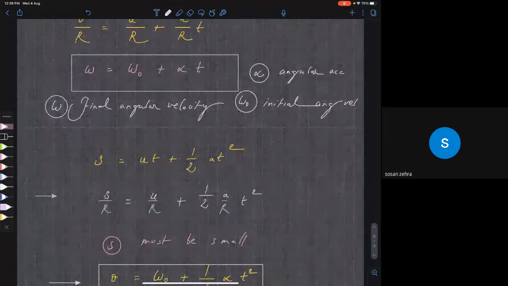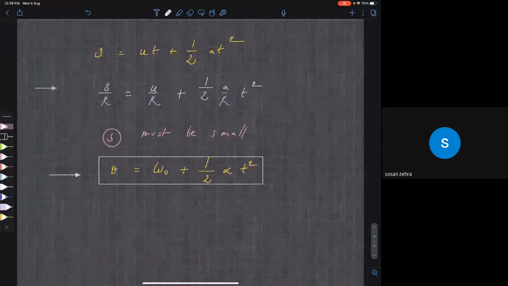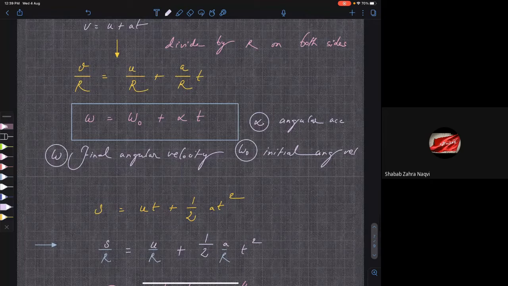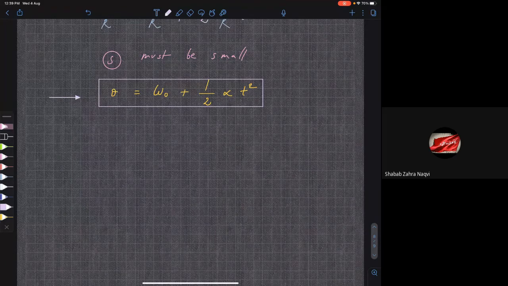So in place of v equal to u plus at, we get omega equal to omega naught plus alpha t. And in place of s equal to ut plus half at square, we get theta equals omega naught t plus half alpha t square. Clear?